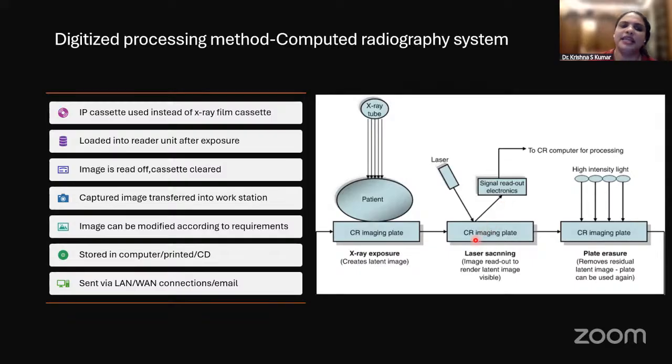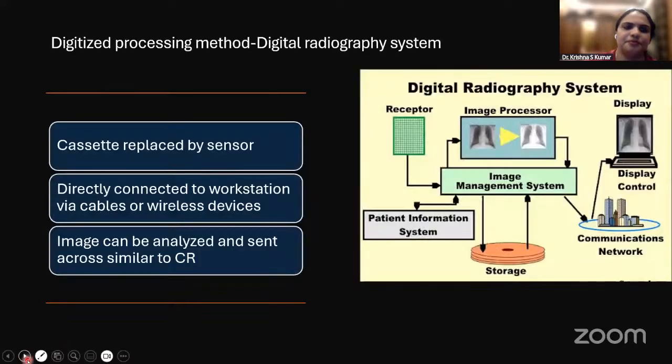After reading the image, the cassette is cleared, and the captured image is transferred to the workstation, to your computers, where you can modify the image according to your requirements. It is stored either in the computer or printed or on CD, or it can be transferred interdepartmentally or emailed. The second method is the digital radiography system.